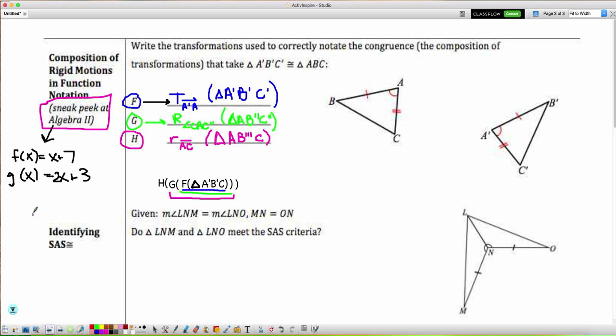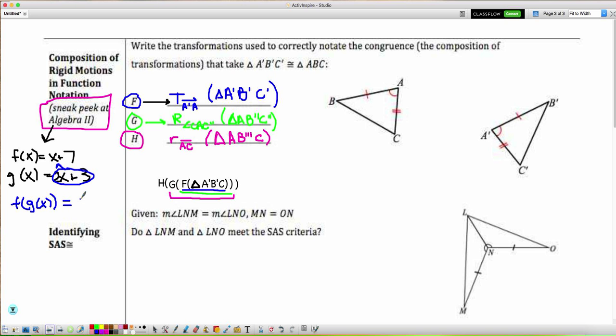You might end up with a question that says, what is the composition f of g of x? What does that equal, right? In that case, it's saying take this g of x and plug it into f. You would plug it in specifically anywhere you see an x.